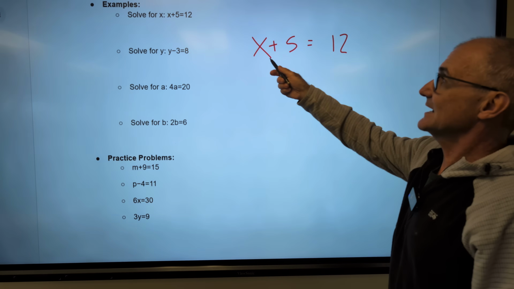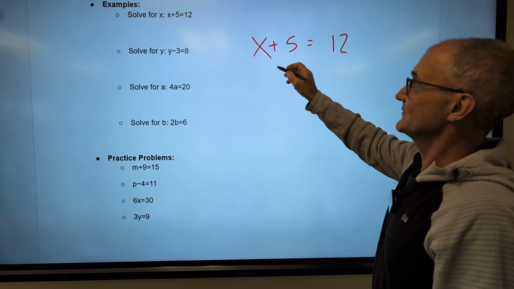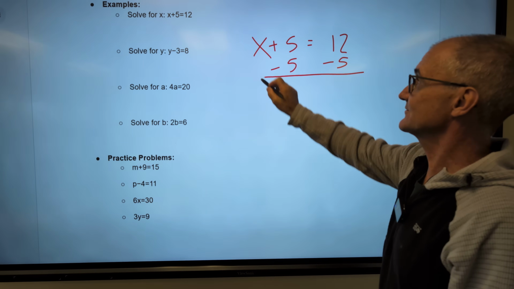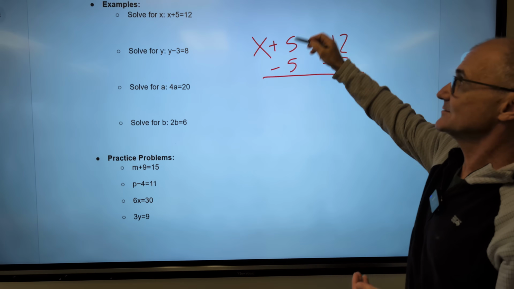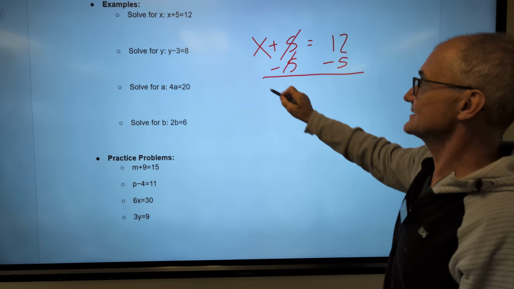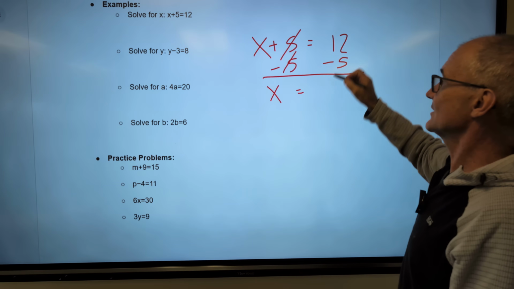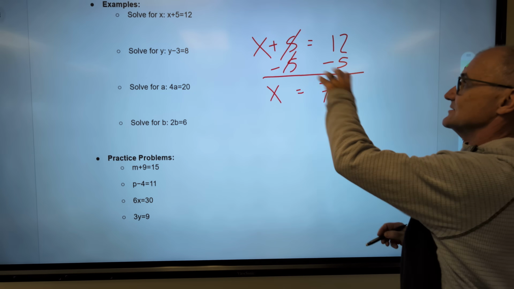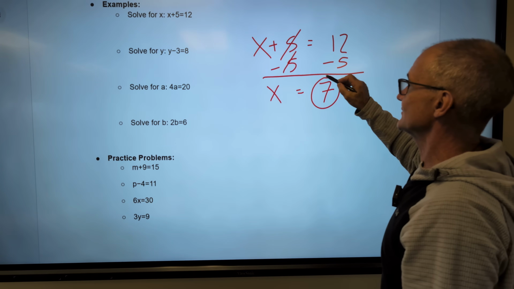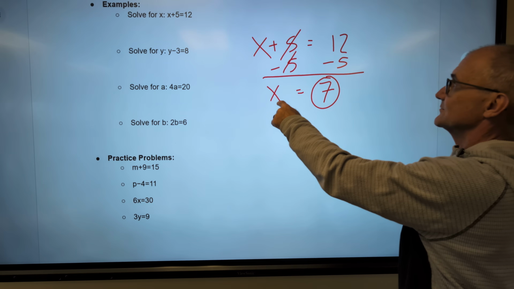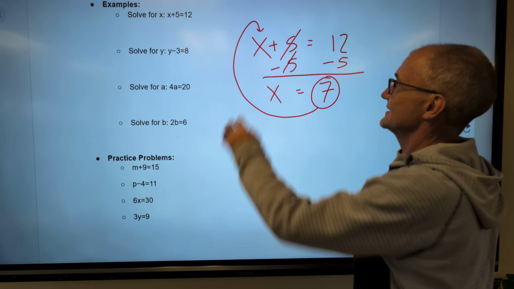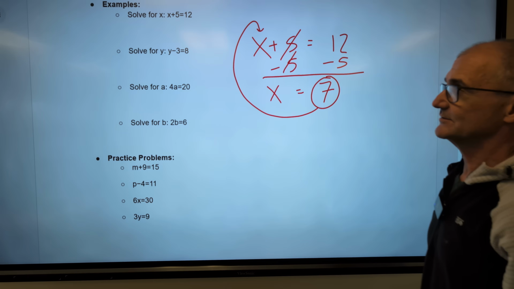So if I want to get x by itself, I subtract 5 from the left, and I can do that as long as I subtract 5 from the right. My 5's cancel, giving me x by itself. 12 minus 5 is 7. In solving this equation, I'm coming up with the value for my variable. The check is I take it, plug it back in, and 7 plus 5 equals 12.